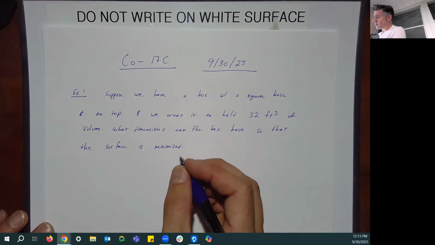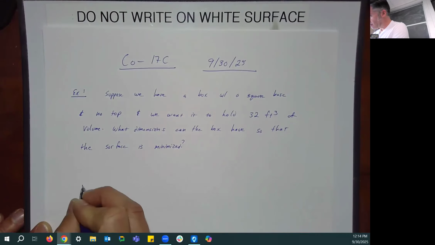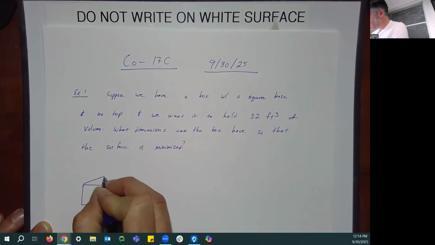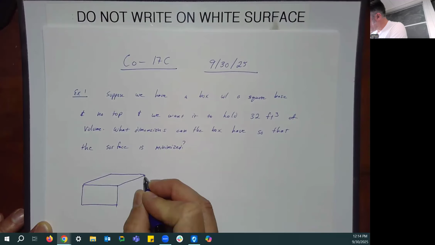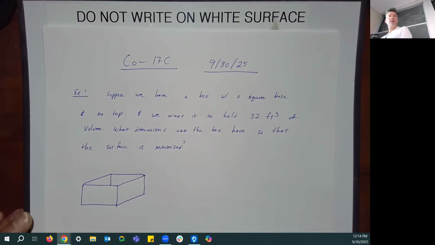Typically for an optimization problem like this, you would want to draw a picture if you weren't given one. We know we have a box, it has a square base and no top, so it's going to look something like this. There's my box.